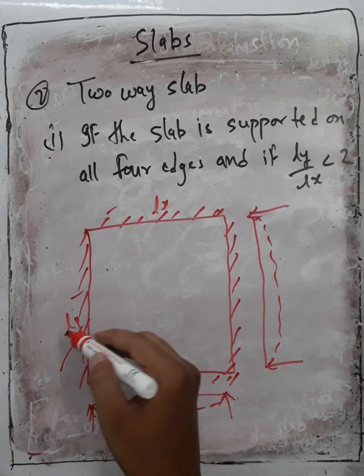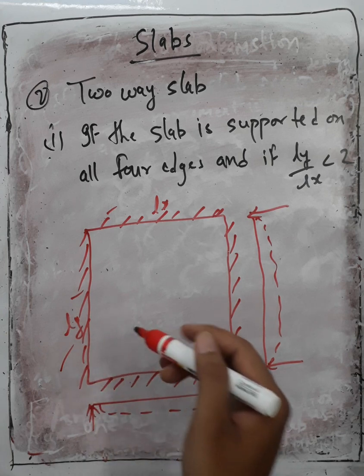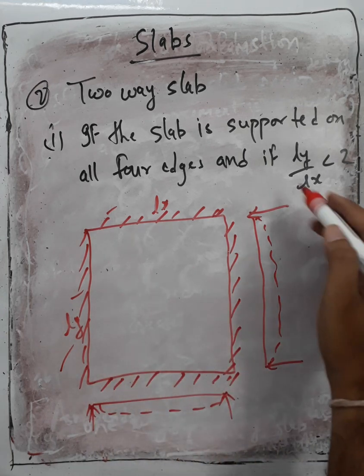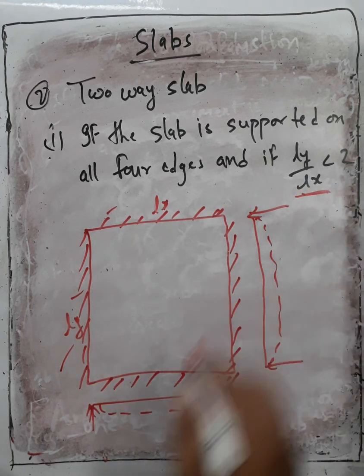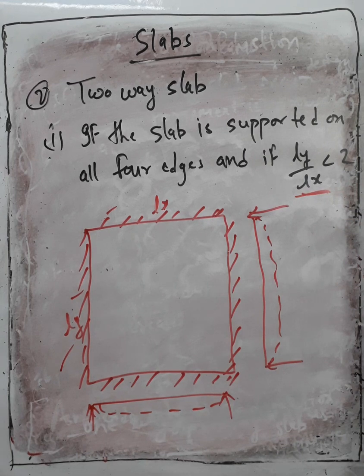So from this you have to see and find that it is a two-way slab, or otherwise you have to find it with the ratio Ly by Lx less than 2, because sometimes we provide 4 supports in a one-way slab also. So how do we define whether it is one-way or two-way?